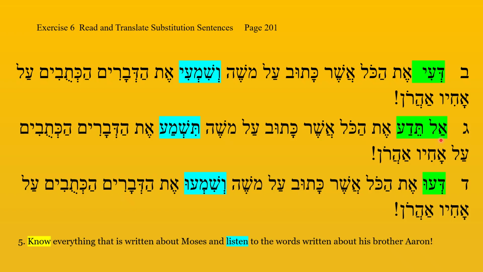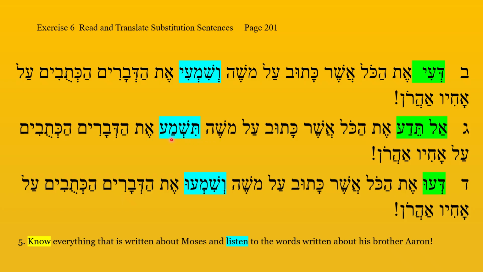Gimel. Al teda et hakol asher katuv al Moshe tishma et ha-devarim ha-ketuvim al achiv Aharon. So now we've negated the word for know, the verb for know. So do not know everything that is being written about Moses.